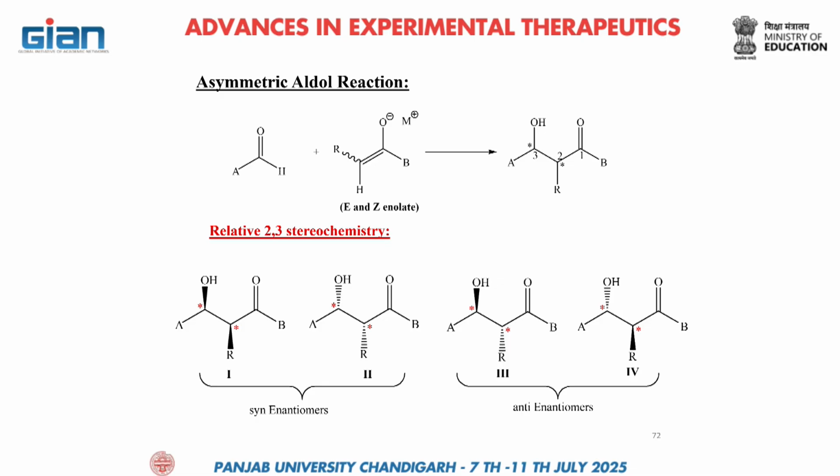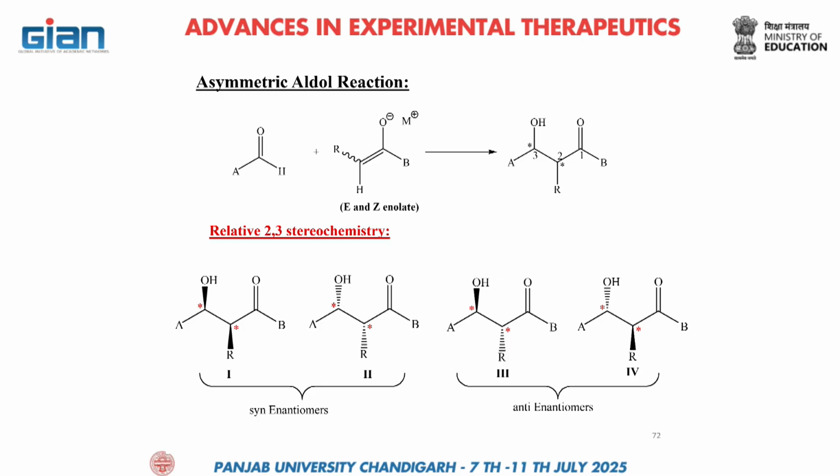For example, if you choose or introduce a Z enolate in your reaction, you will exclude the anti enantiomer directly, because Z enolate always gives you syn. If you choose E enolate, then the syn enantiomer will be out. So by just choosing the appropriate enolate, your 4 products are converted into only 2 products.